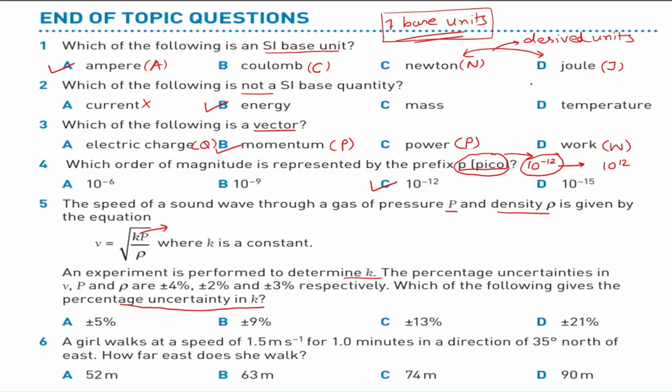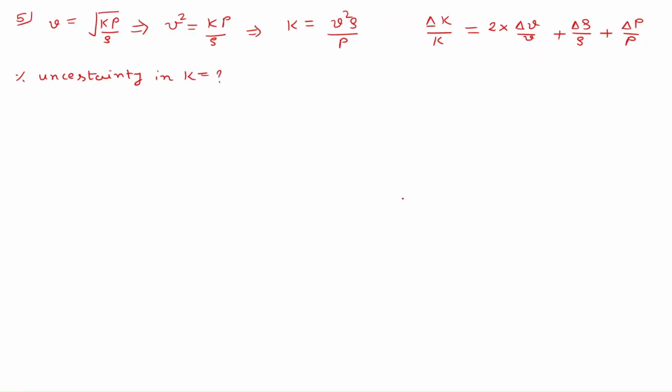Okay, this is our formula and we have the percentage values here. Now we have to find only the uncertainty, not the true value plus uncertainty.